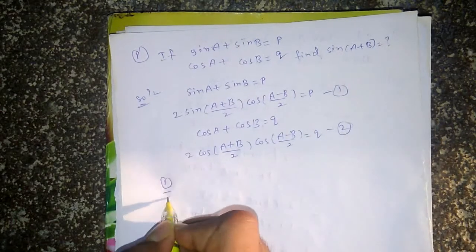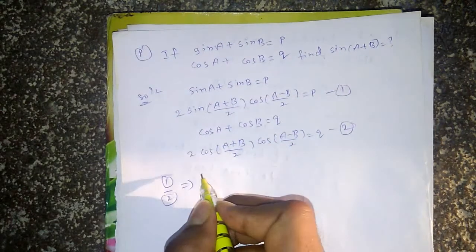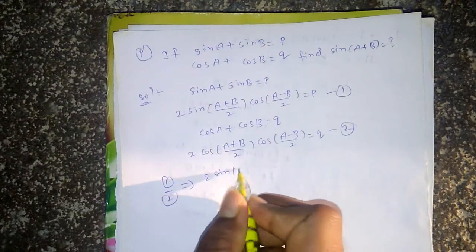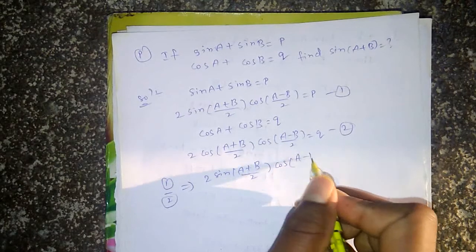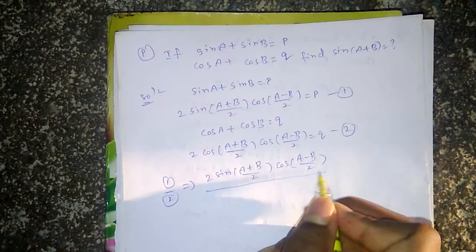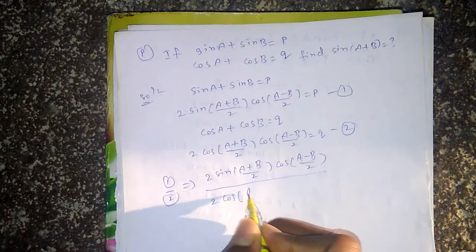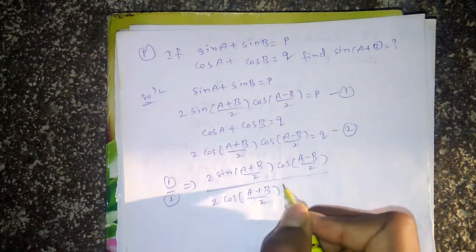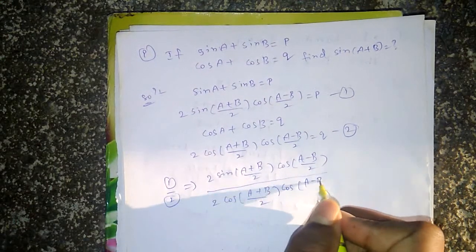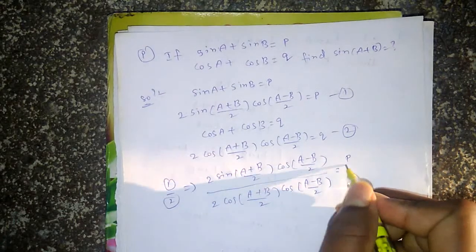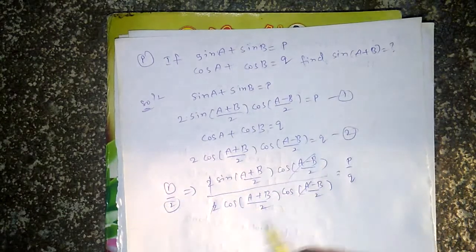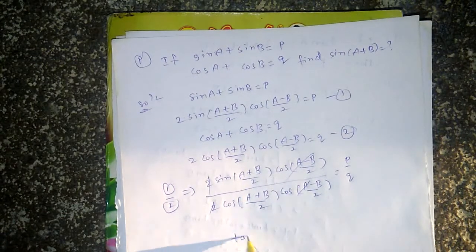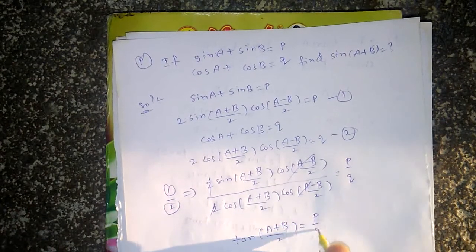Now 1 by 2 implies 2 sin of a plus b by 2 cos of a minus b by 2 divided by 2 cos of a plus b by 2 cos of a minus b by 2 is equal to p by q. Here 2 gets cancelled, here cos gets cancelled. Sin by cos is equal to tan of a plus b by 2, that is equal to p by q.